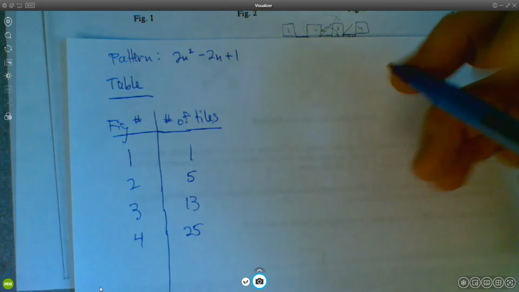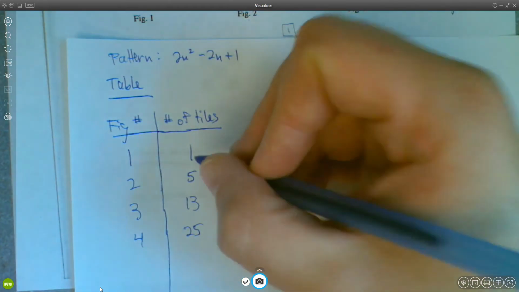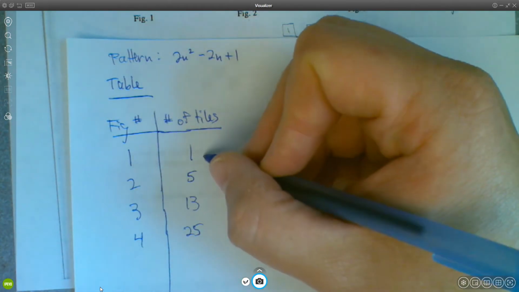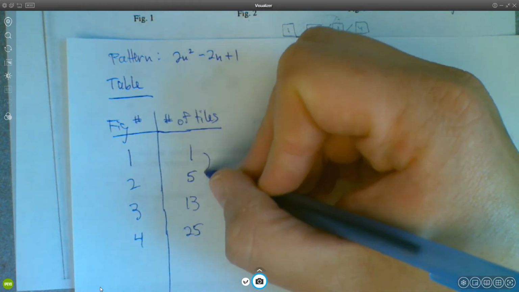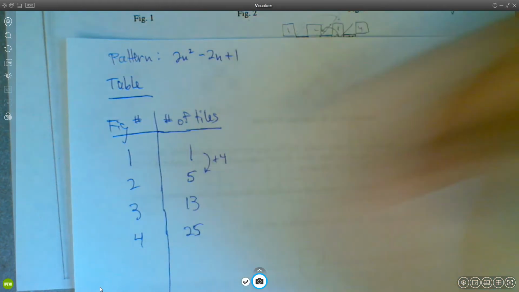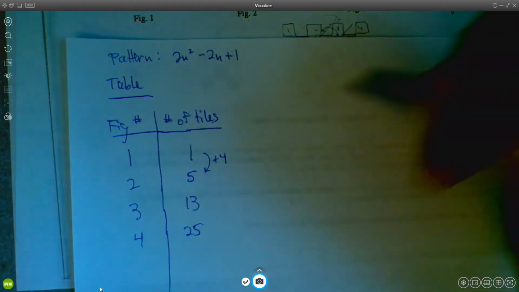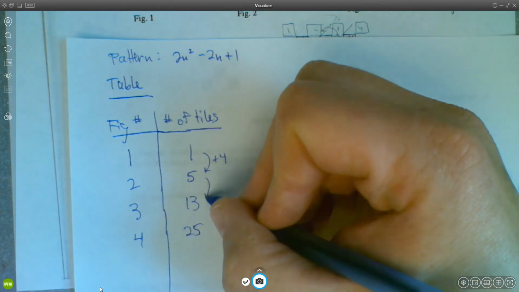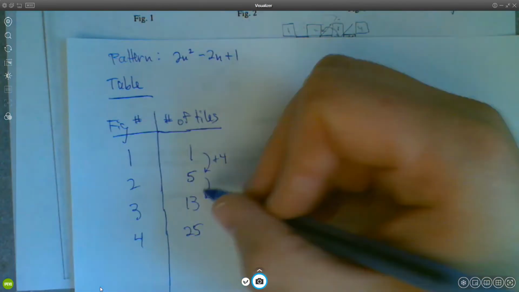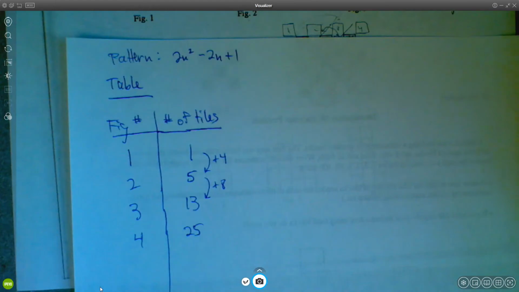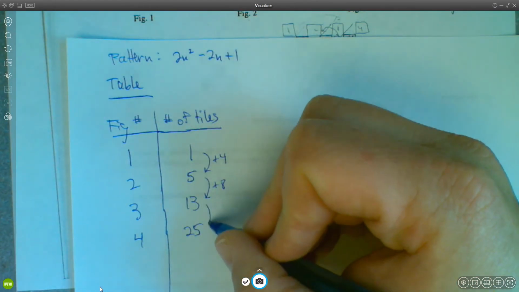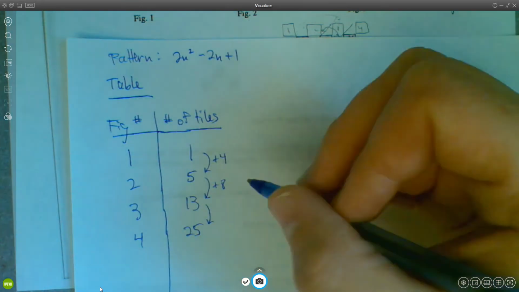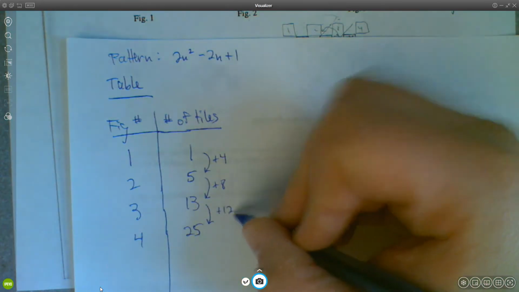But here's what I want to point out to you. Getting from figure 1 to figure 2, we added 4. But getting from figure 2 to figure 3, we didn't add 4, we added 8. And getting from figure 3 to figure 4, we didn't add 4 or 8, we added 12.